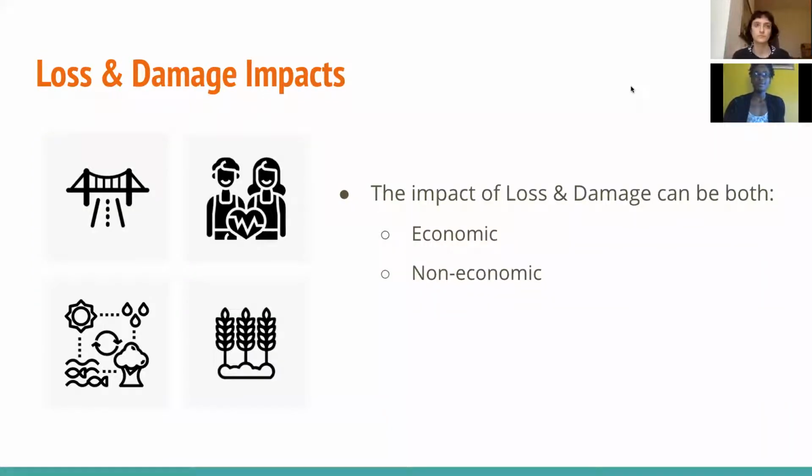And loss and damage is further defined according to economic losses. So that refers to the damage to replaceable stuff like infrastructure and property, while non-economic tends to be the irreplaceable loss to life and health and loss of culture from migration.